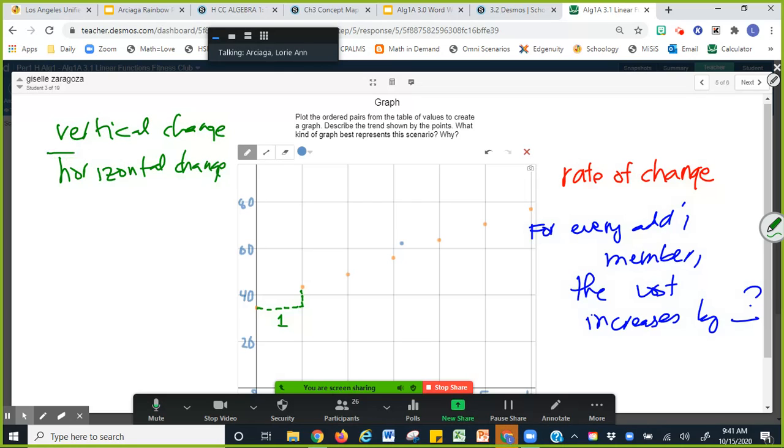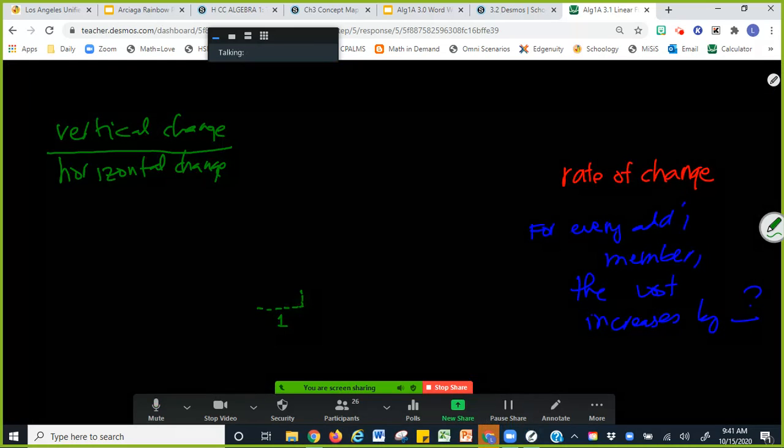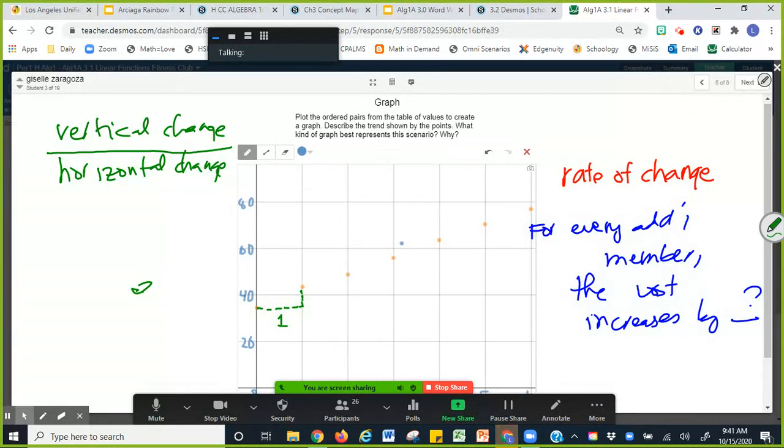And I know for sure you can relate this to something you did in middle school and why I put the vertical change on top. So the vertical change here, that's from 35. Oh, I lost my pen. Where is it now? It's acting up. The vertical change here, I would assume, is from 35 to 42, so that's 7, right?